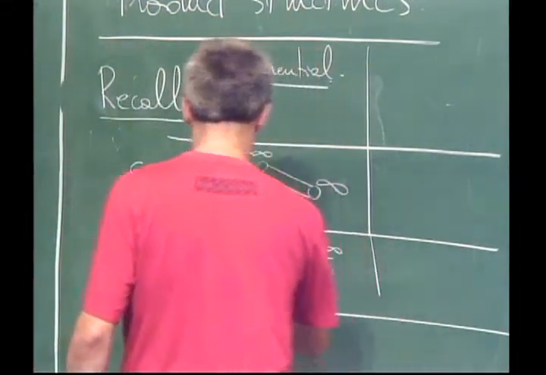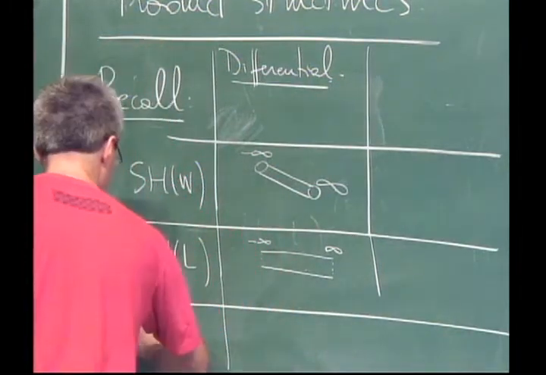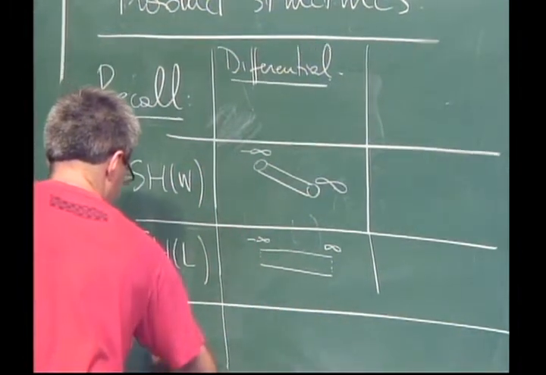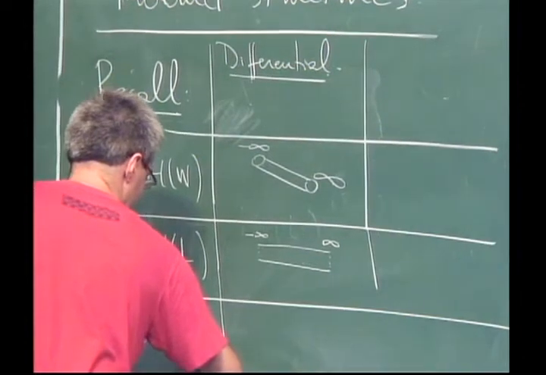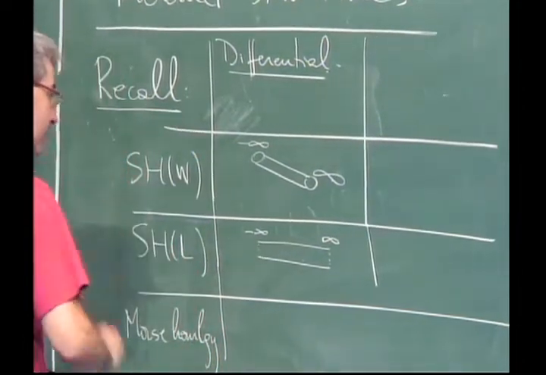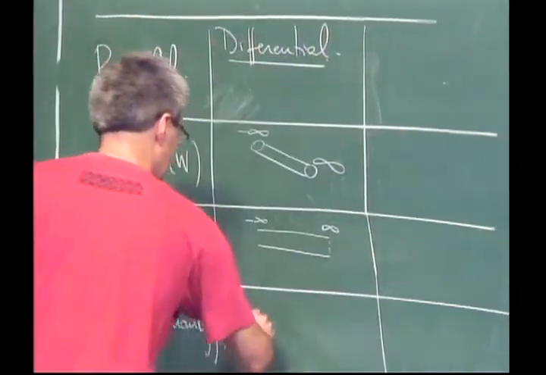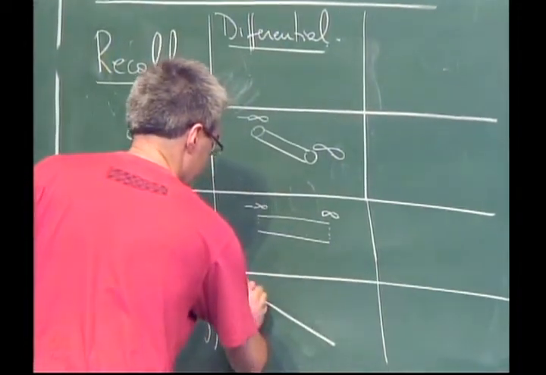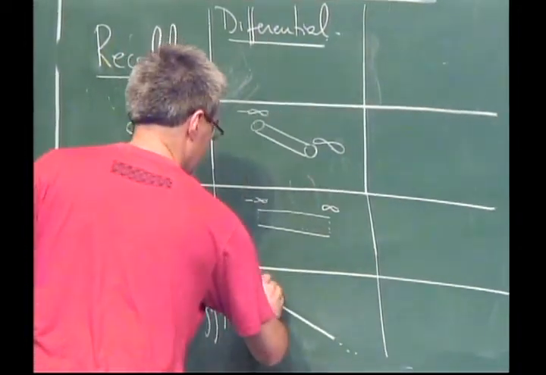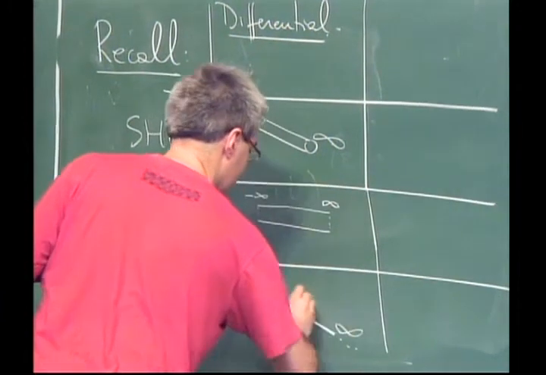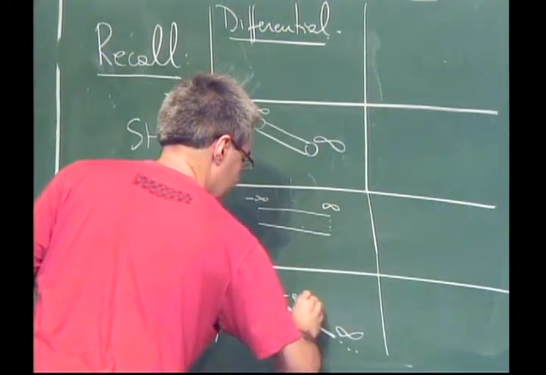For Morse homology, the differential is defined by counting negative gradient lines.